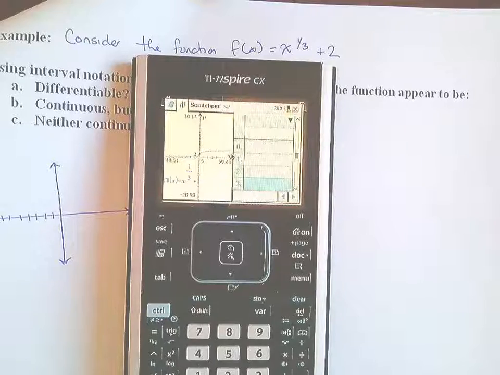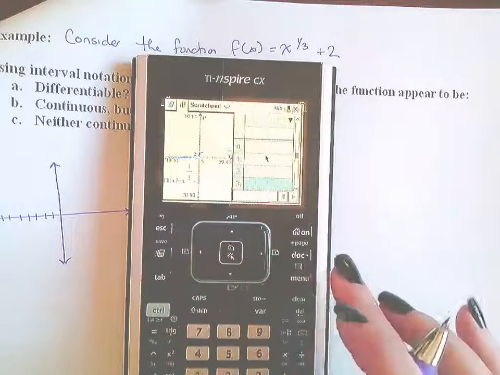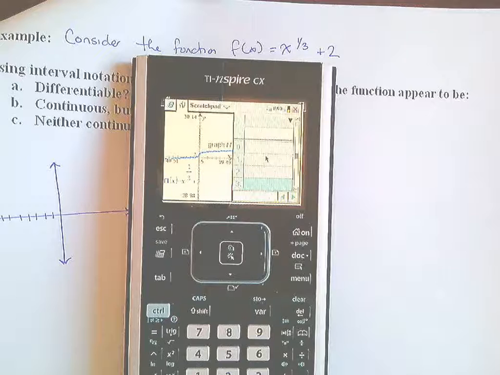Okay, I did graph the wrong function. And let's get rid of that table.